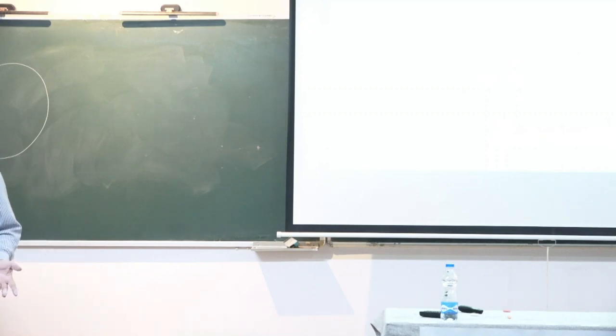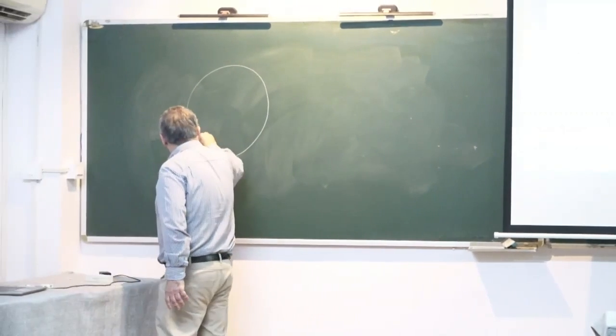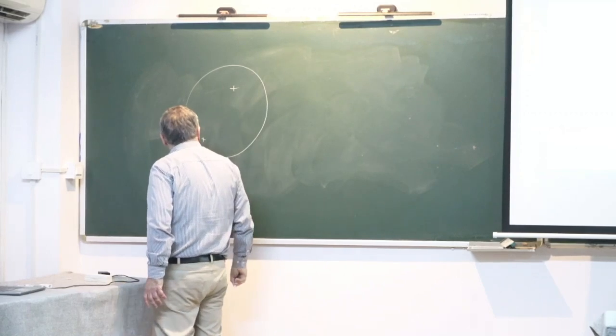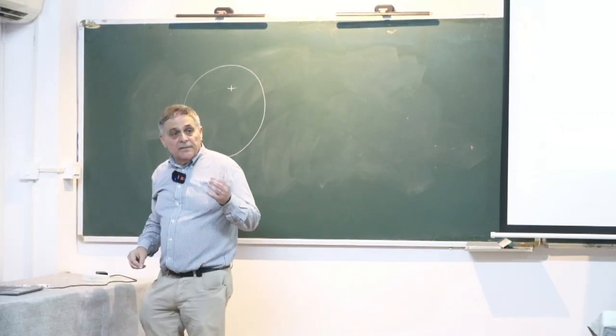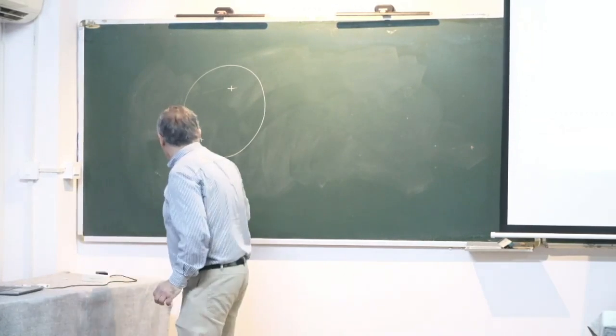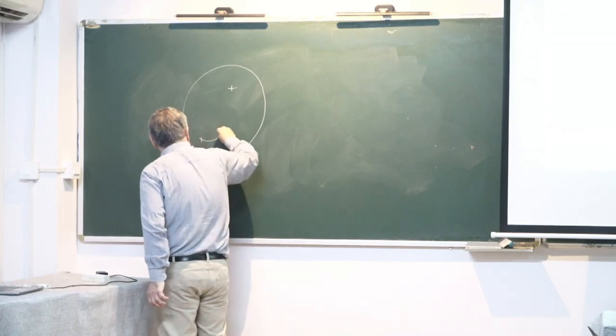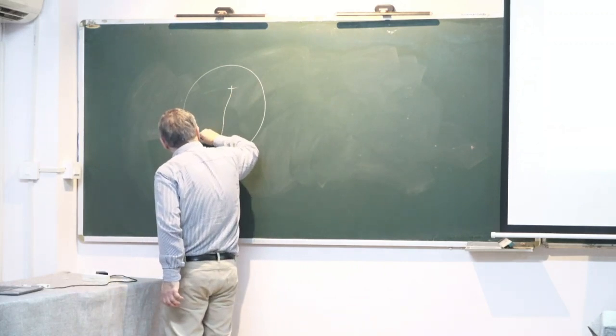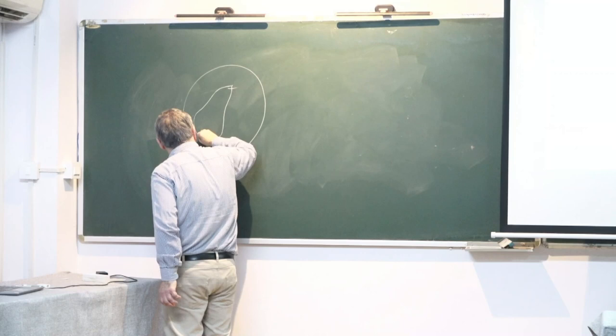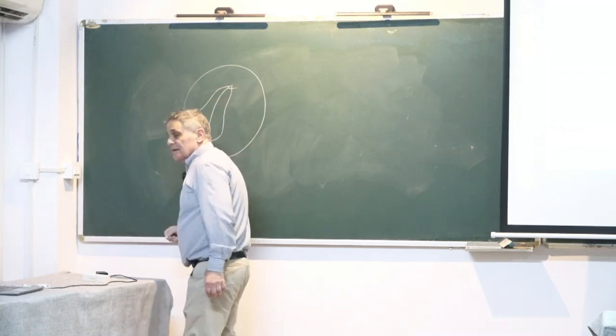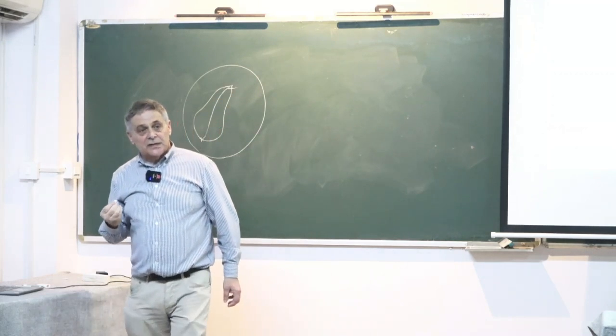I'm going to define the metric. The distance between two points is the infimum of the length of the curve joining them. I take a curve here, I measure its length, I take another curve, I measure its length, and then I take the smallest of these lengths.